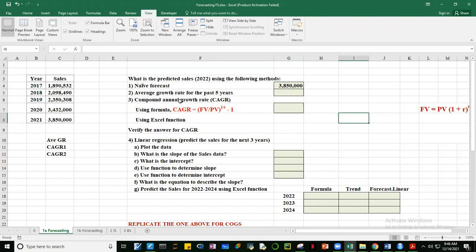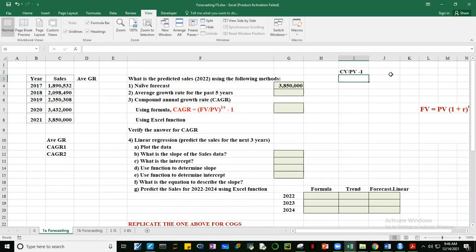Now the next method is the average growth rate. We're asked to predict our sales for 2022 using the average growth rate for the past 5 years. The average growth rate is very simply computed: it will be equal to the current value divided by the previous value minus 1.